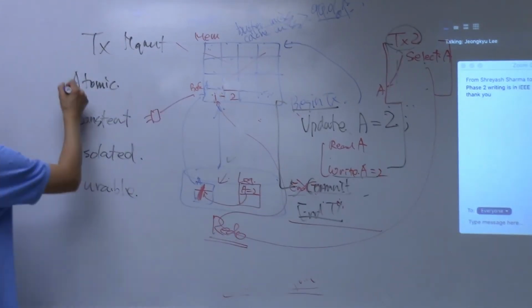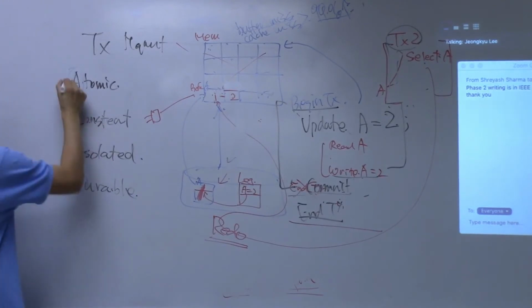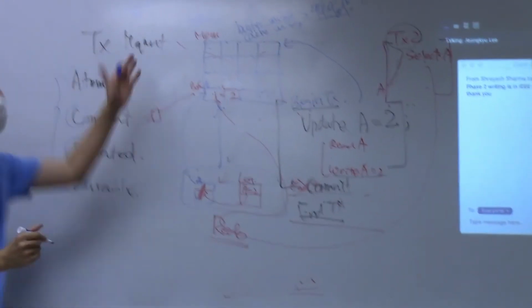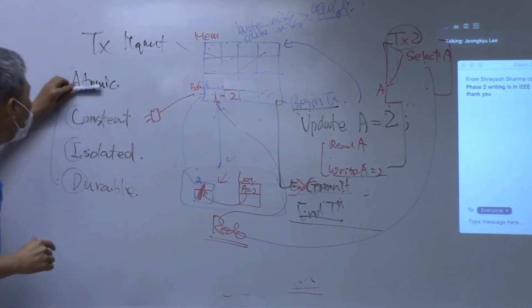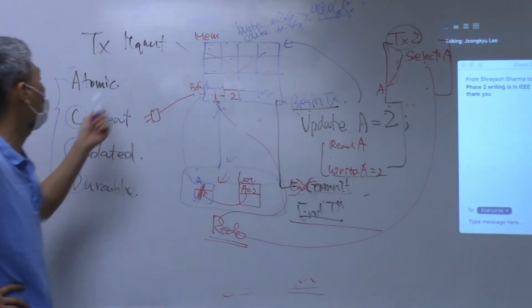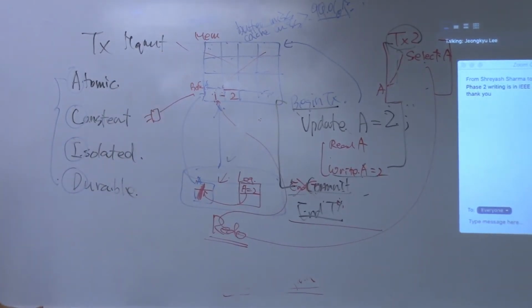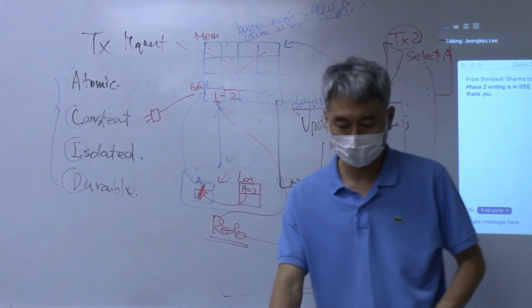So this is called ACID, the main characteristic of relational database transactions. Very strong characteristic. Because of this, companies use the relational database as a database storage system. So this is called the ACID transaction.